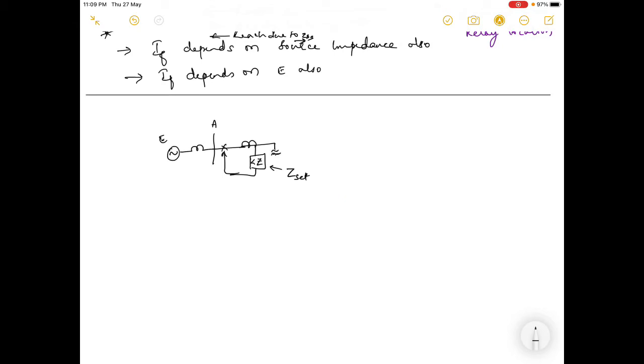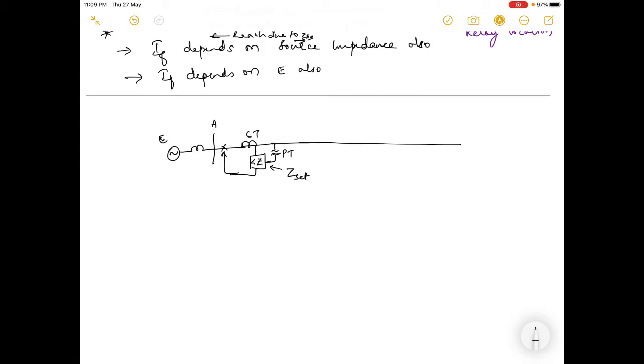But here we need one more quantity from the PT, not only the CT. So here we need two quantities. Unlike the overcurrent relay, which took only the current from the CT, here it will take both voltage and current.